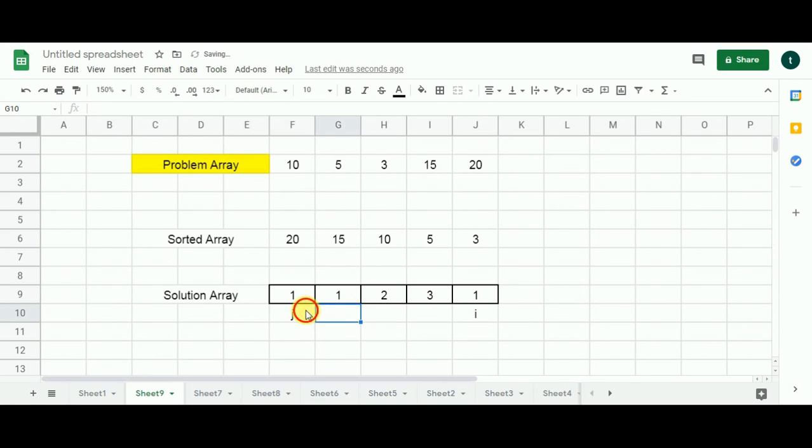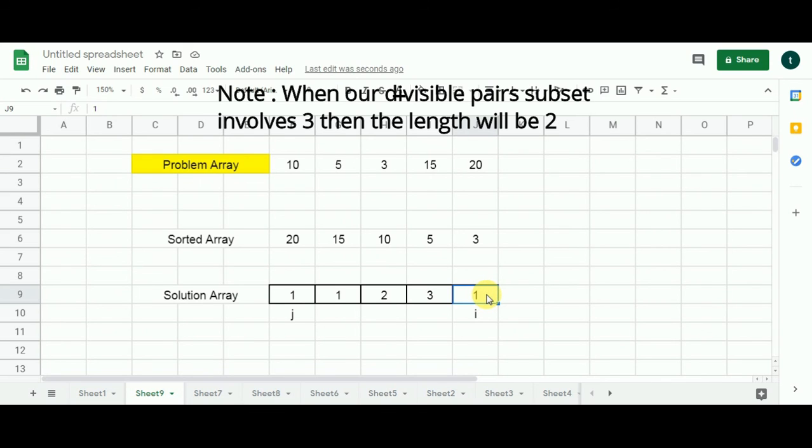Cool. Now j moves one cell towards the left. J represents 20, I represents 3. Is 20 divisible by 3? No. The remainder is not going to be 0. So in that case also nothing happens. Now when all the iterations of j are over, we are going to do plus 1 to this value stored over here. So 1 plus 1 is going to give me 2.